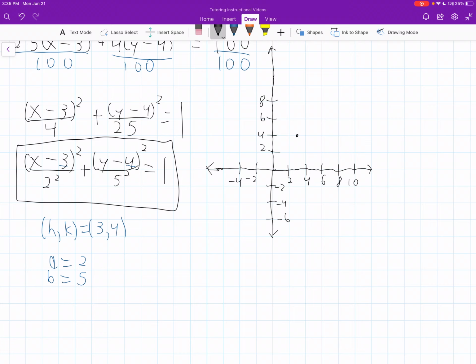I know that my a is 2, so my right point is h plus a, so 3 plus 2, or 5. As h minus a similarly is 1, and then I have my b, h comma b plus k, and I know my k is 4. So my top point, b plus k, is going to be 4 plus 5, or 9. And similarly, k minus b would be negative 1.